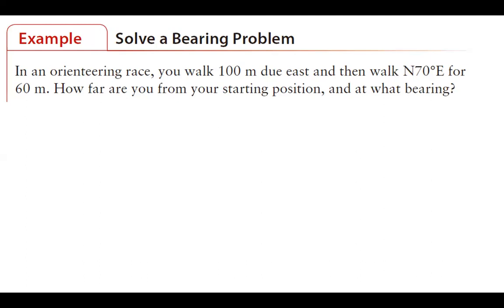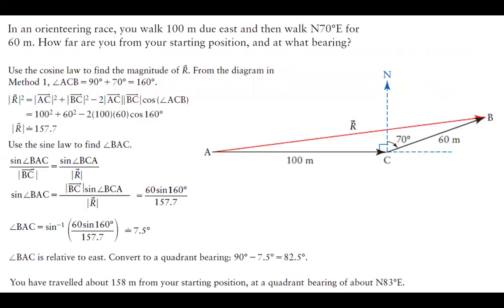Are you finished? Okay, then let's have a look at the solution. We can use the cosine law to find the magnitude of vector r. From the diagram in method 1, angle ACB equals 90 degrees plus 70 degrees, which is 160 degrees.